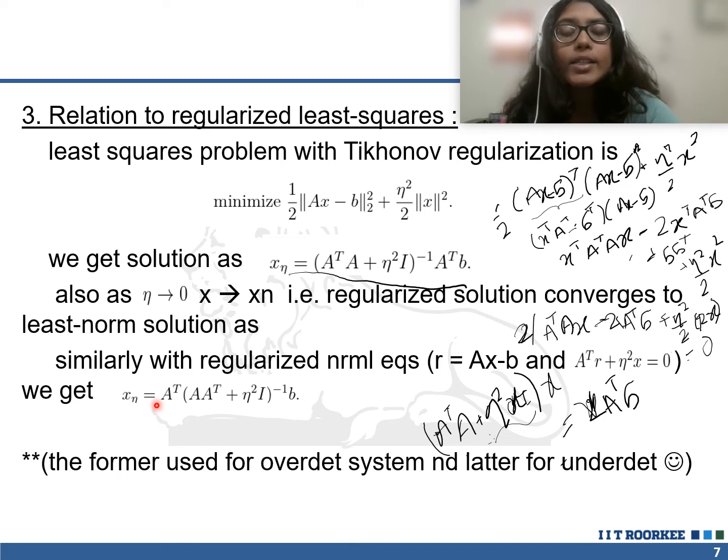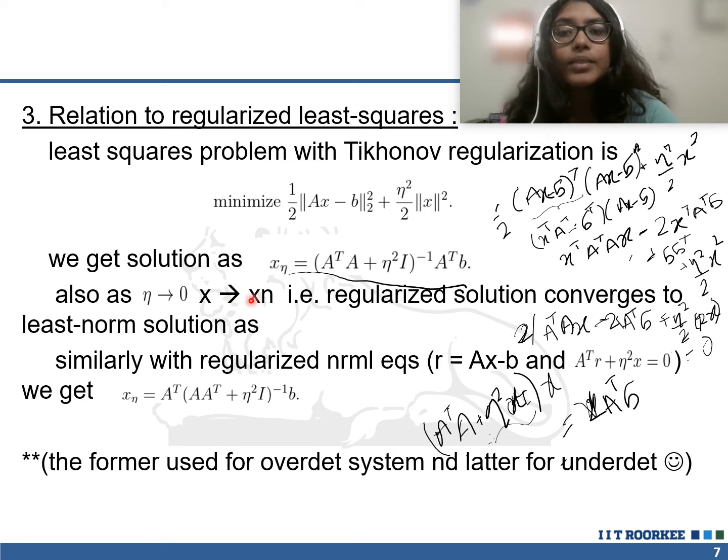For the underdetermined system, we have the pseudo inverse as A transpose (A A transpose) whole inverse b. But in the overdetermined case, we'll see it later; just note that we'll have the pseudo inverse as (A transpose A) whole inverse A transpose. So we got x equal to (A transpose A) whole inverse A transpose b.